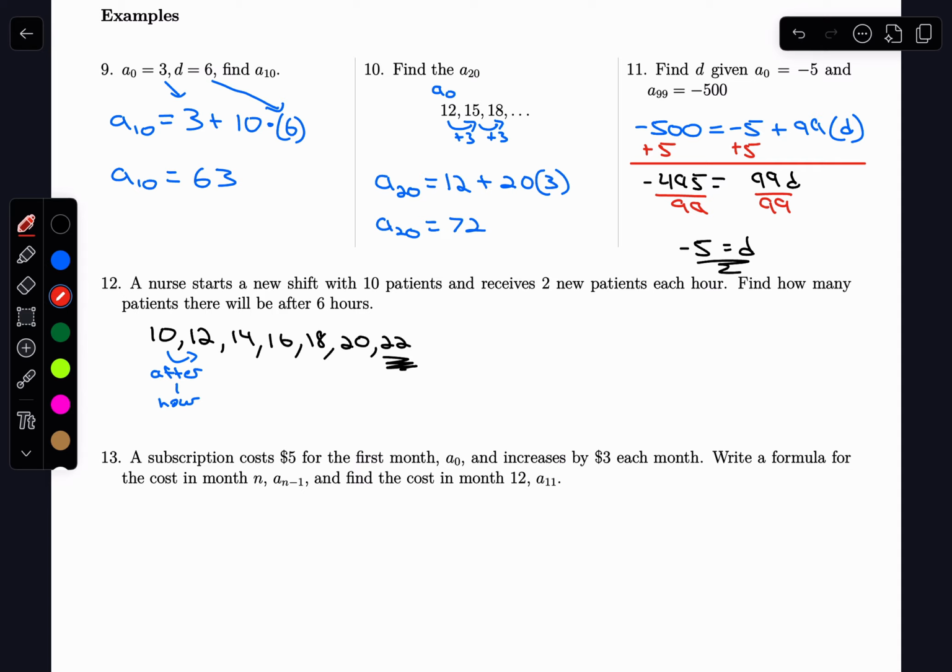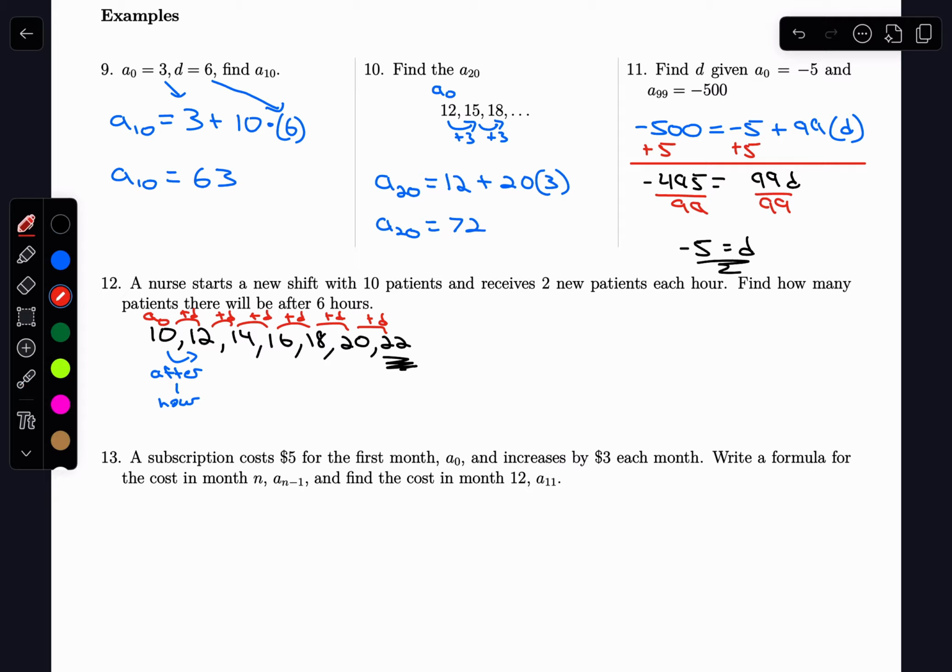We started with our A naught being 10, and then we added D once, so plus D to get to 12, and then plus D to get to 14, plus D to get to 16, plus D to get to 18, plus D to get to 20, and plus D one more time to get to 22. So how many times did we add D? Well, count them up. 1, 2, 3, 4, 5, 6. We added D 6 times, which should make sense since it's been 6 hours, right?